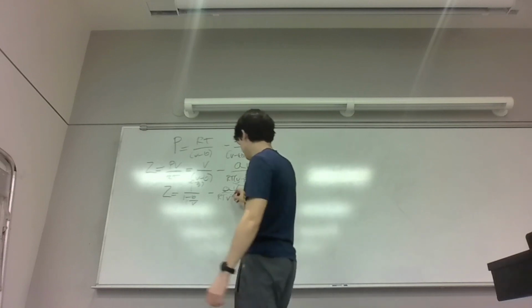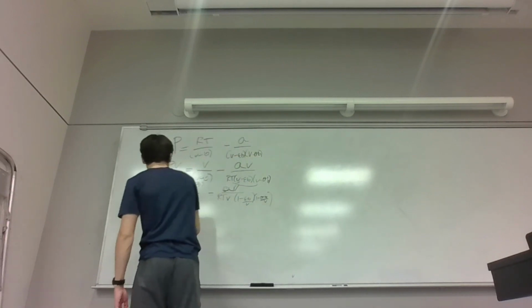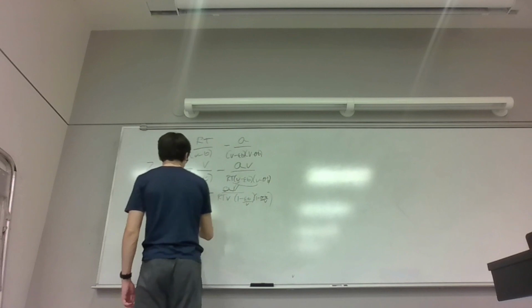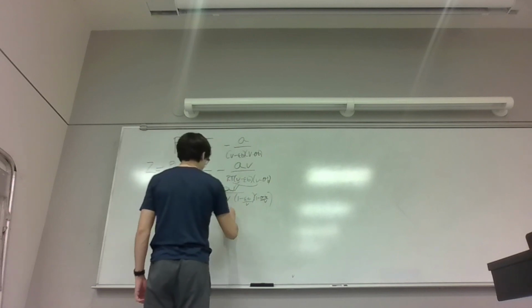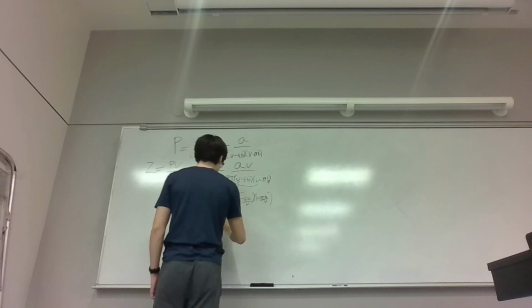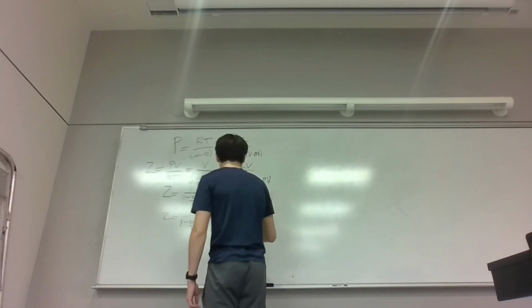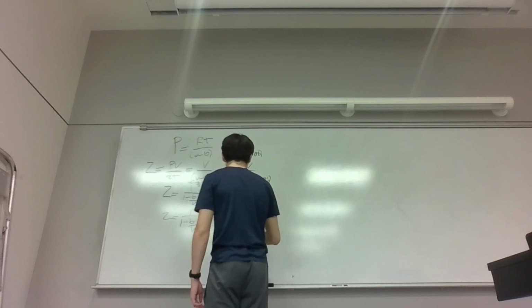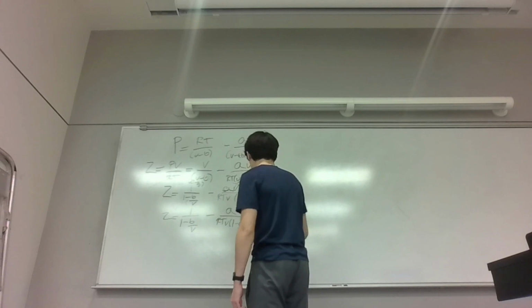And then we can notice the V's cancel out here, so we're left with Z equals 1 over (1 minus b over V), minus a over RTV, over (1 minus epsilon b over V) times (1 minus omega b over V).